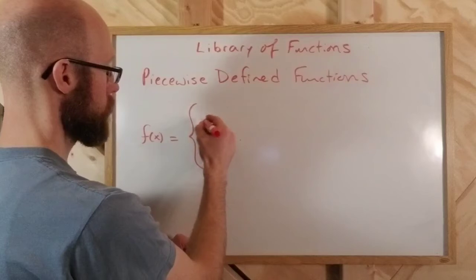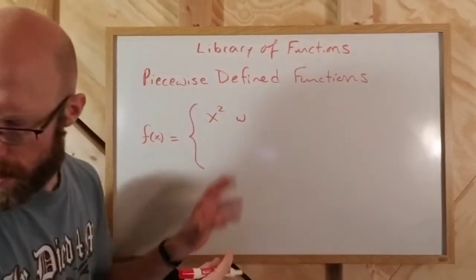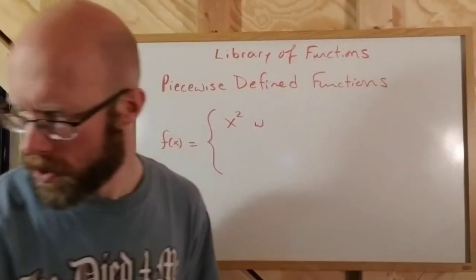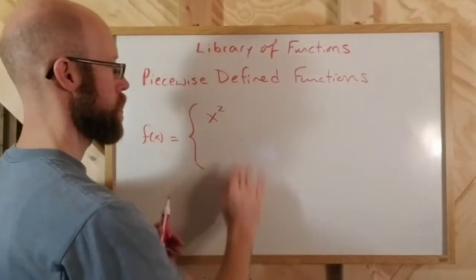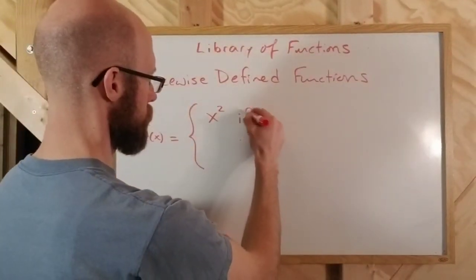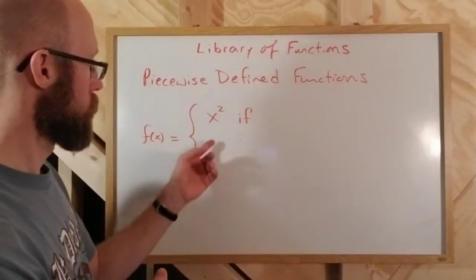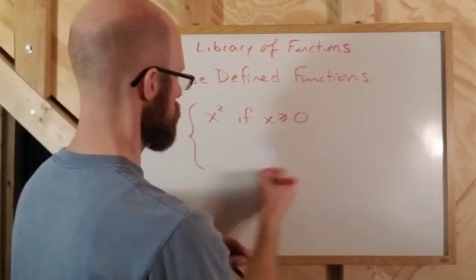So maybe I want the function x squared, and I keep writing when, but your book might be putting, let me just double check. They put if. Yep. They don't put when, they put if. Doesn't really matter, I'm just trying to be consistent with the book here. So x squared if x is greater than or equal to 0.